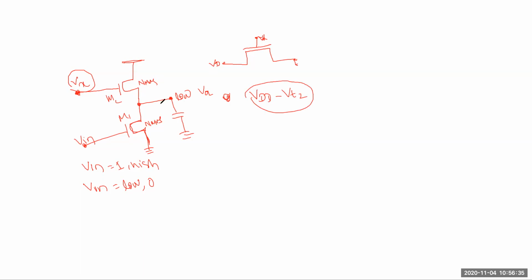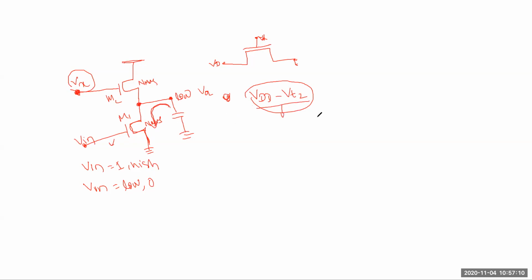So again, if this voltage drops, first of all, what happens? If you drive another circuit, what happens? When this is off, due to the discharge in this path, that is subthreshold current plus leakage current, this voltage will reduce again.